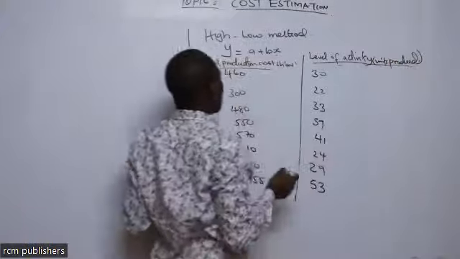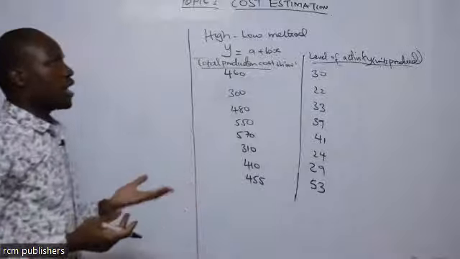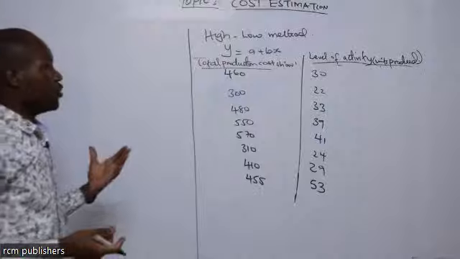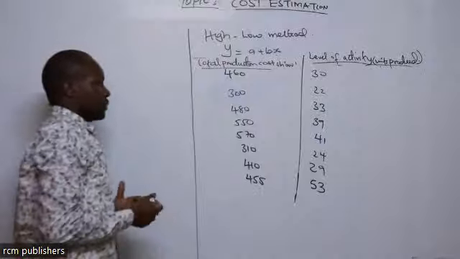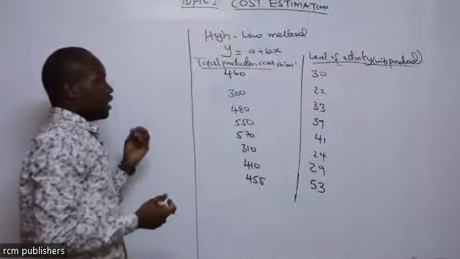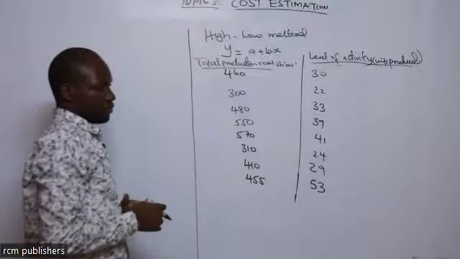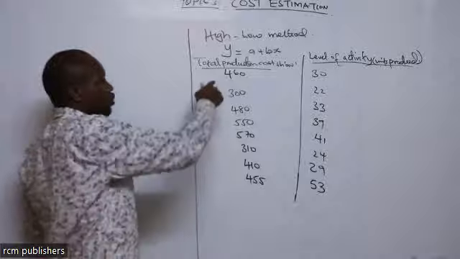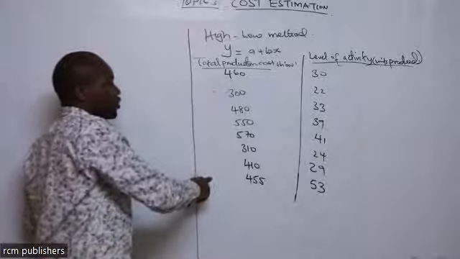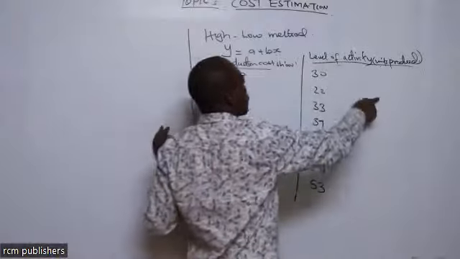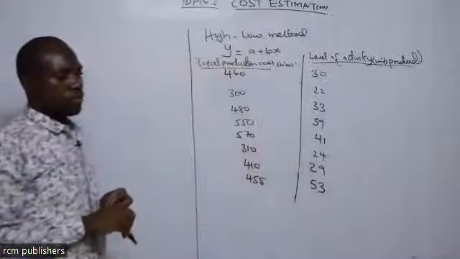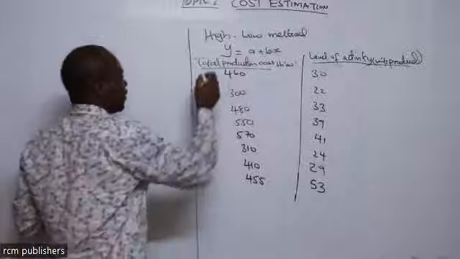So between total production cost and activity level or units produced, what are we going to have as the determinant of each other? Do I use the total production cost to get units produced, or I use units produced to arrive at the total production cost? What are we going to have as y?